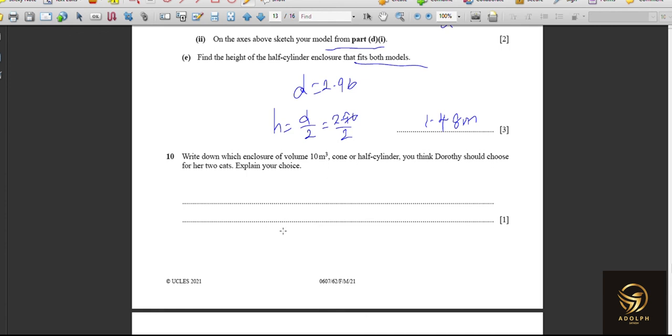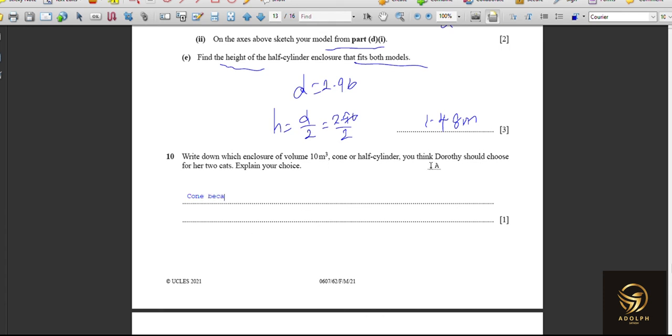Then write down which enclosure of volume 10 meter cube, cone or half cylinder, you think Dorothy should choose for her two cats. Here you can check that the height of the half cylinder is 1.48. That doesn't fit the requirement, so better we go with the cone. Why are we going with the cone?